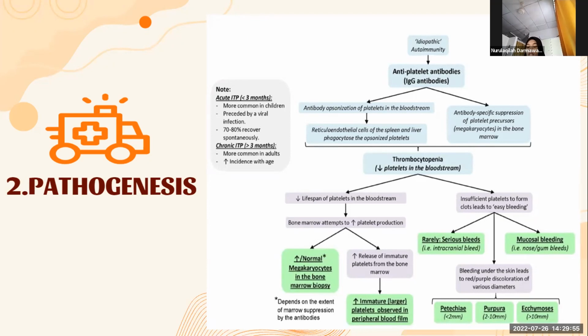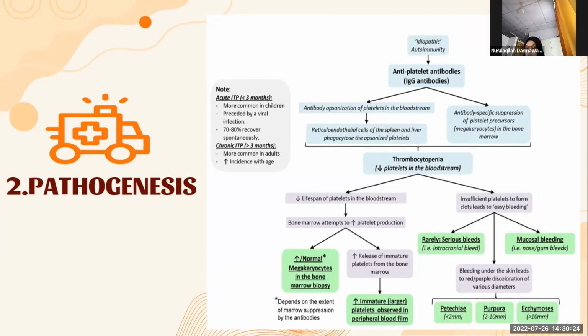This GP2B3A complex is located at the surface of the platelet and is really important for platelet aggregation. So when the platelet is coated with the autoantibody on its surface, it will be trapped in the spleen, and later removed by macrophages. This will lead to reduction and destruction of the circulating platelets in the bloodstream.